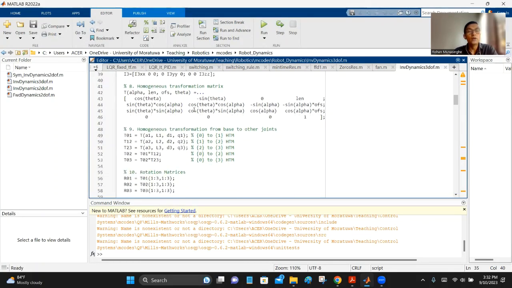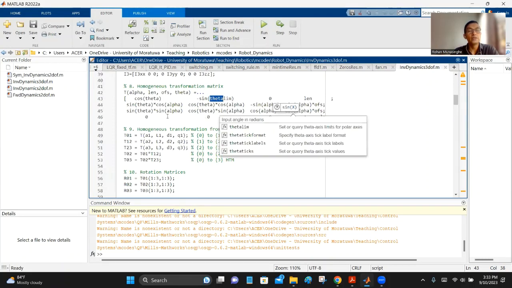Okay, here we go. What else? Homogeneous transformation matrices. So it is T, alpha, length, offset, and theta. When you send these 4 parameters to this function, it will give you the homogeneous transformation matrix T. You have to calculate this whenever the position changes, because you can see it comes with theta, which is this angle.